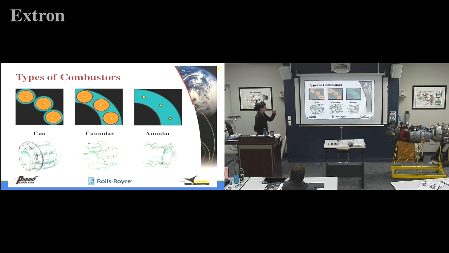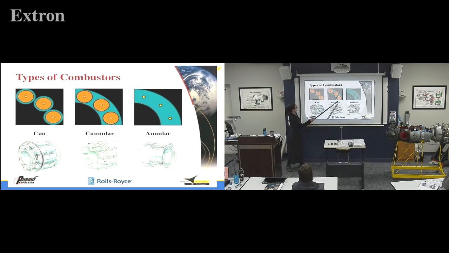So this is the one I was talking about. Maybe not as great as what I was promoting, but we have the can where each one is its individual housing, then the perforated liner. Each has a fuel nozzle, and then the 4 and 8 position about will have the igniters. And then the cannular or can annular, you'll see it either way.